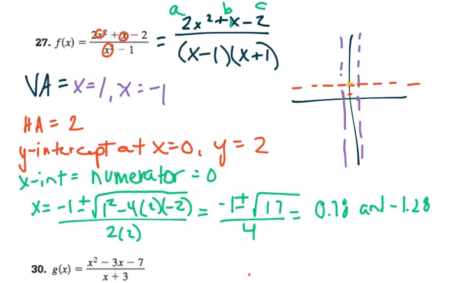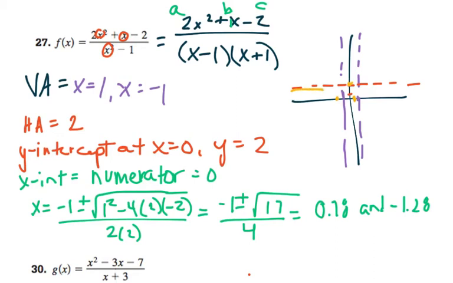And then our x-intercepts are at almost 1-ish, and the other one is almost -1 point something.